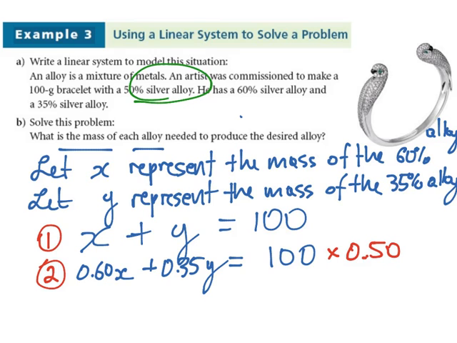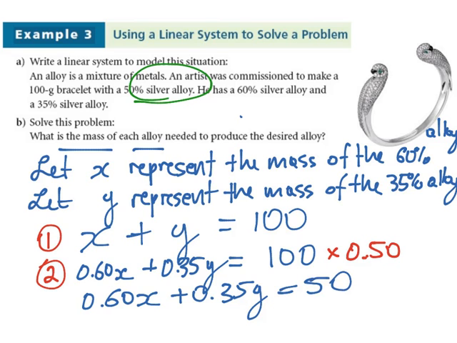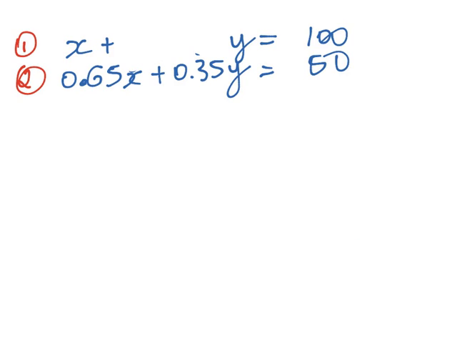Simply solve for X and Y. But before we do that, let's change equation number 2 by simplifying, multiplying 100 times 0.5, which is 50, and use that instead. So now I've rewritten the two equations, and notice that I made sure the x's and the y's are a little bit more lined up than before.